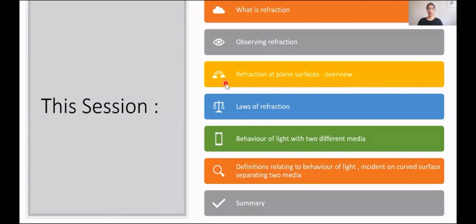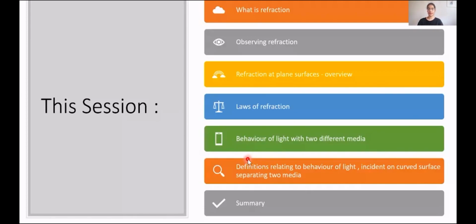Then we will study the laws of refraction. Then we will see the behavior of light in two different mediums, but this time the medium will be curved and not plane. Then we will study two to three definitions relating to the behavior of light incident on a curved surface separating two mediums, let it be air and water, air and glass, or glass and water.